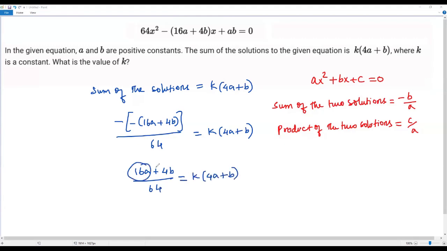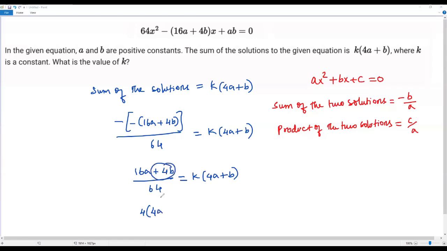Here, when I consider this expression 16a + 4b in the numerator, we find 4 as the greatest common divisor for 16a and 4b. Since 4 is the greatest common divisor of both terms, we can factor 4 out. When 4 is factored out, to get the stuff inside the parenthesis, we divide both terms by 4. When I divide 16a by 4, I am getting 4a.